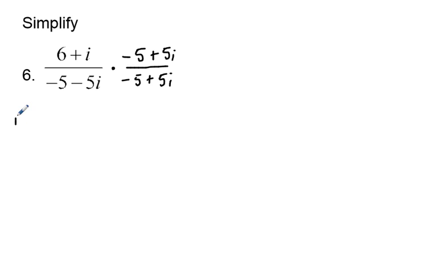So step 1, we're going to multiply the top, and in order to multiply the top, we're going to use the box method. If you are more comfortable with FOIL, please feel free to use that. Okay, so let's draw a box.